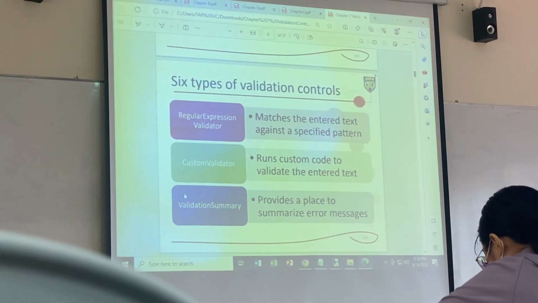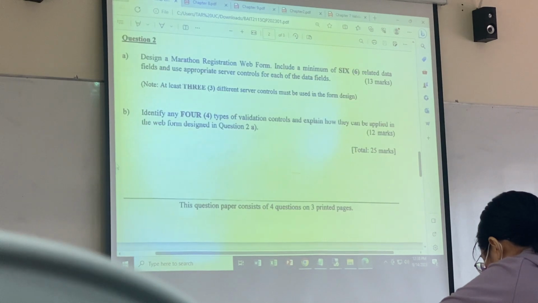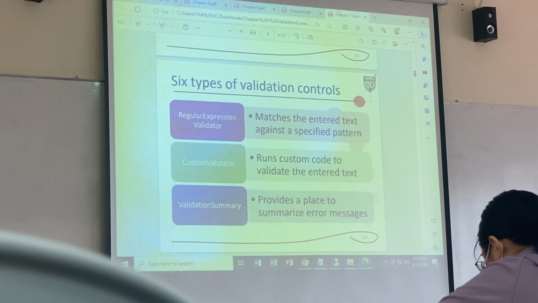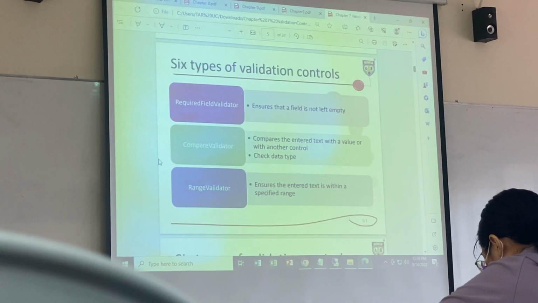So based on what you have designed just now, the question says to identify 4 types of validation controls. Identify ones that you are definitely able to use. Required field validator, first one.